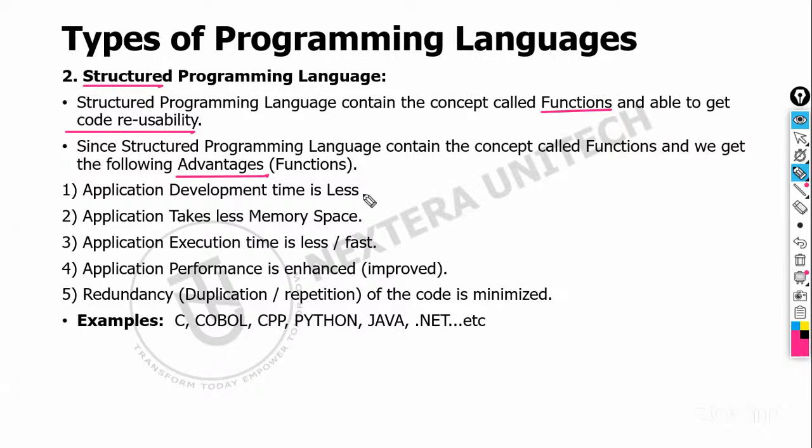The development time gets reduced. Why? You are defining a function, and wherever you want to use it, it allows us code reusability. Then apart from time, we also have the memory. Since we are not repeating the lines, we are using the same function time and again, the application takes less memory, less space in the memory.